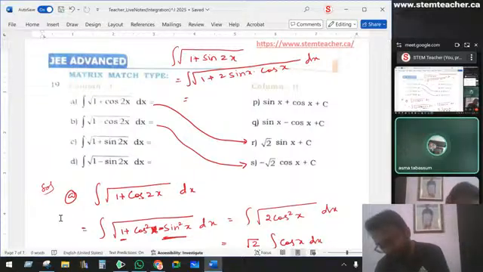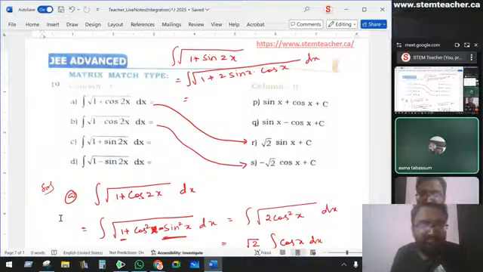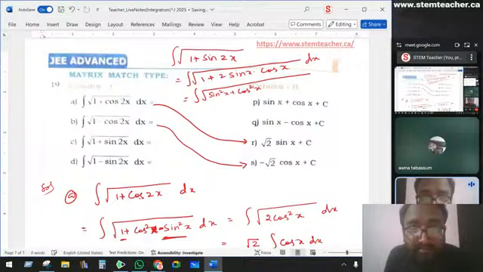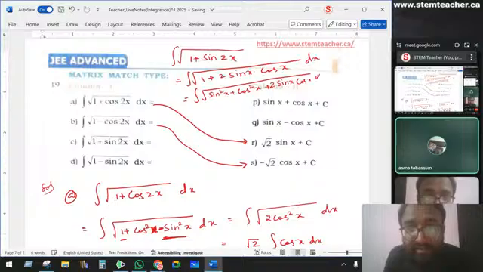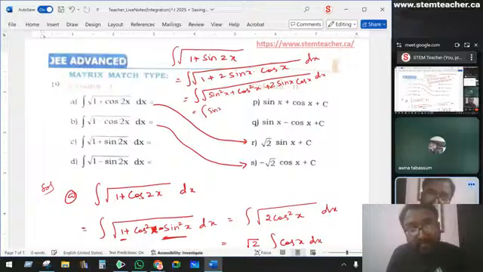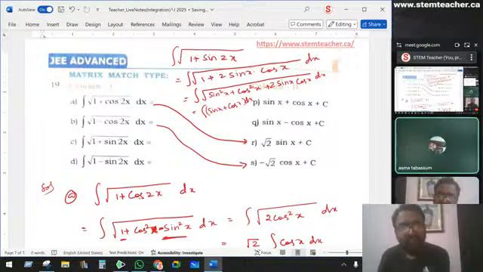No. This is integration under root of sin square x plus cos square x plus 2 sin x cos x, dx, and that is sin x plus cos x whole square. So integration of sin x plus cos x dx, now the whole square root gets cancelled.